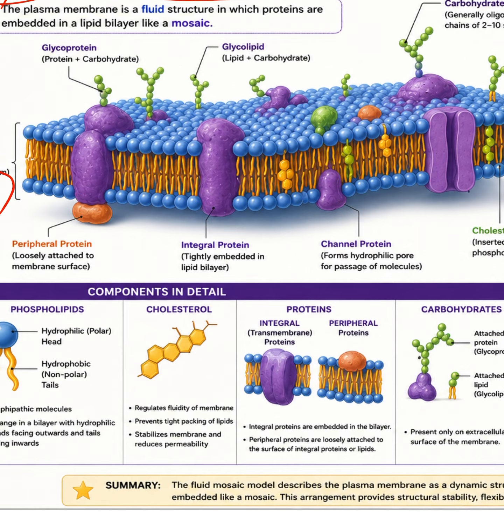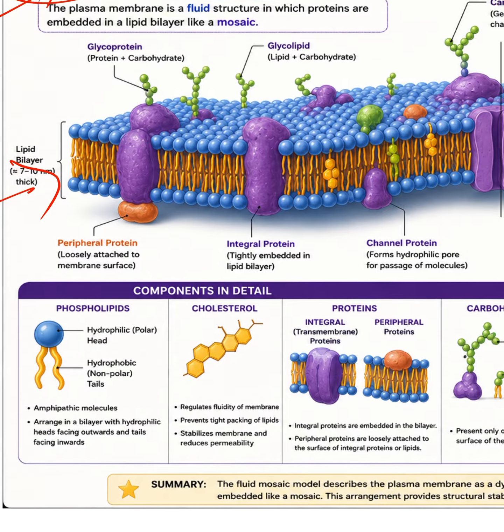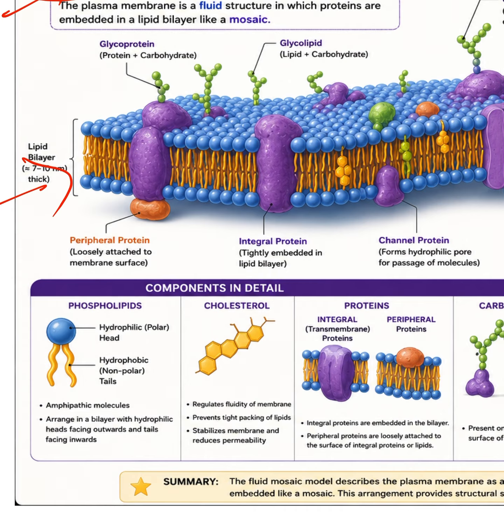Now, we are going to discuss the structure of the phospholipid. Which are the phospholipids? Here you can see, look carefully, each one of them is a phospholipid. So it is made up of phospholipids, then there are proteins. These are the proteins, right?